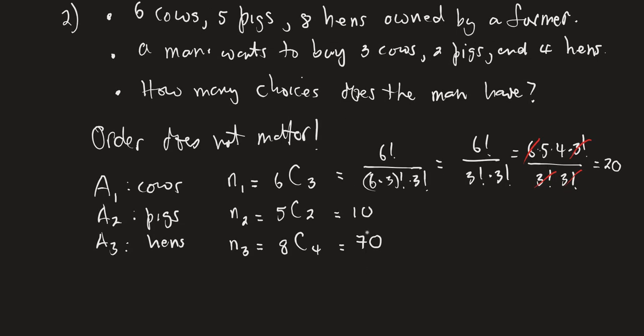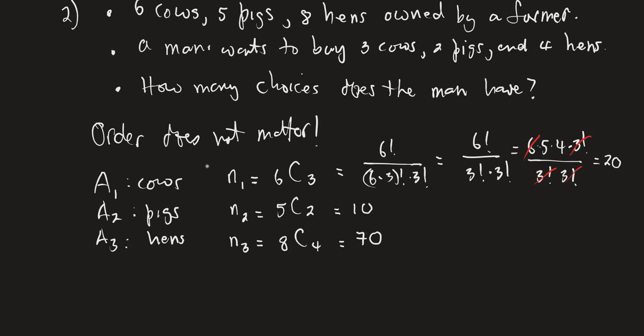So these choices that we just computed, this one is specifically for cows, this one is specifically for pigs, this one specifically for hens. So in total, this is where we apply our multiplication rule or technique.